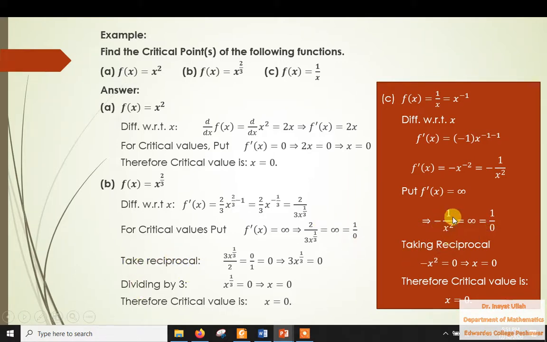The reciprocal of this function is x square by 1, I mean x square, and the reciprocal of 1 by 0 is 0 by 1, which is 0. Now multiplying both sides by minus sign and taking the square root to get x equal to 0. So x equal to 0 is the critical value of this function, f of x equal to 1 by x. So that is the criteria to find the critical values of a function.